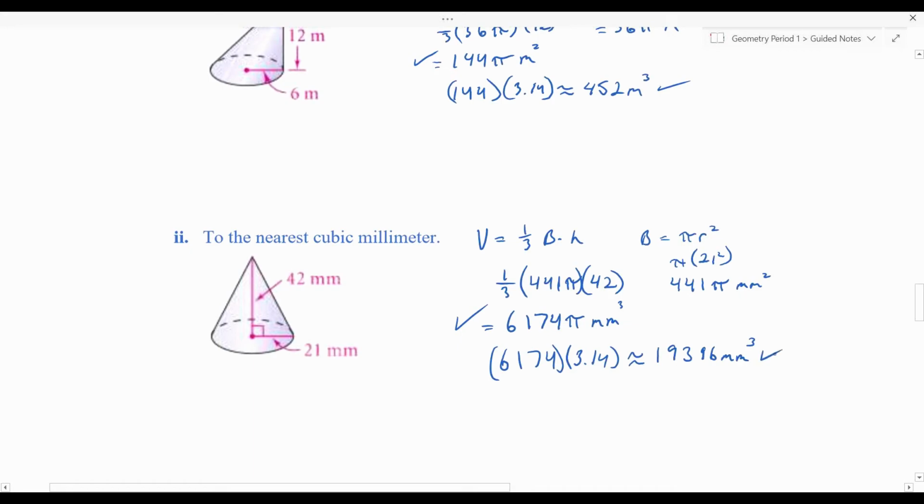And that's it for this problem in terms of pi and in terms of the nearest cubic millimeter.